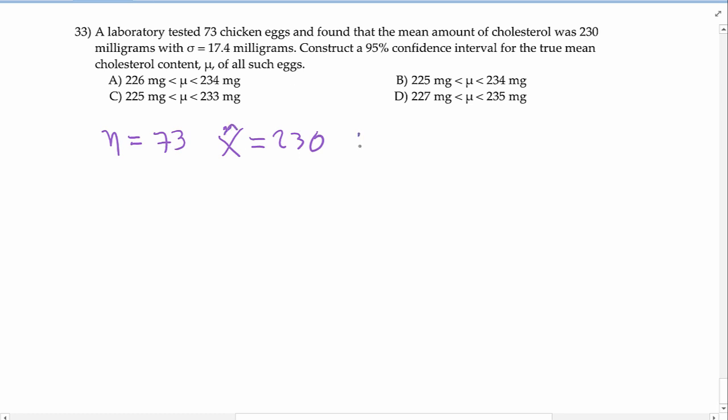The standard deviation of the population is known from before, that's why it's sigma, given as 17.4 milligrams.